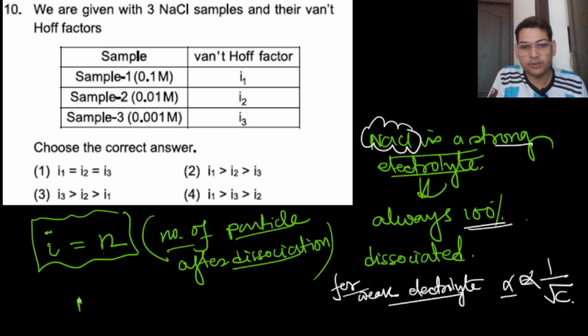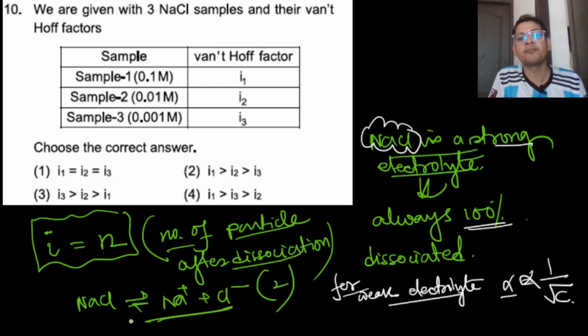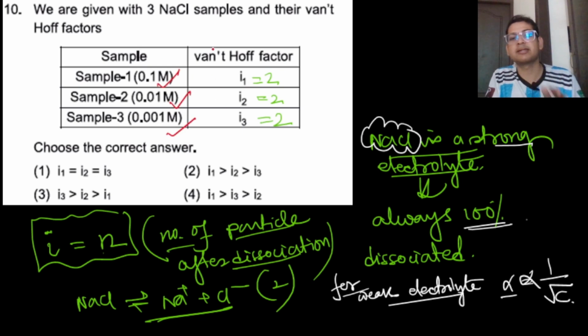What am I trying to say? NaCl, if you dissociate, you will get Na+ and Cl-, so a total of 2 particles. So for this i1 value is 2, for this i2 value is 2, and for i3 also the value is 2. Why is this the case? Because the different concentration doesn't matter.